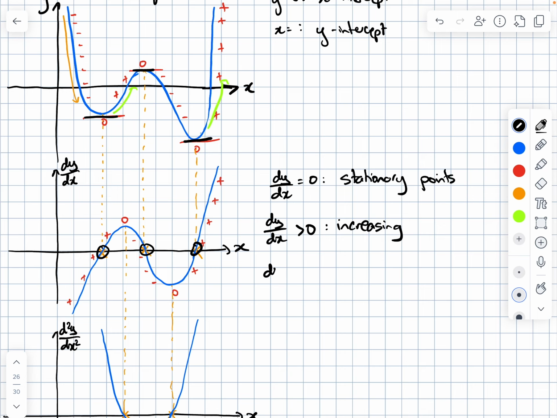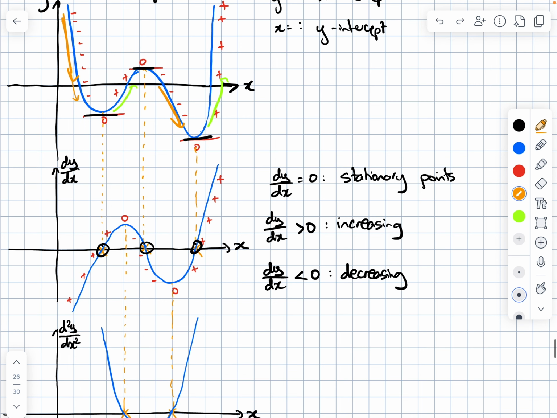And when the first derivative dy dx is less than 0, well, that's when it's going downhill, so that's when it is decreasing. And that is in these points here. We're decreasing here, which is represented by being below the x-axis.